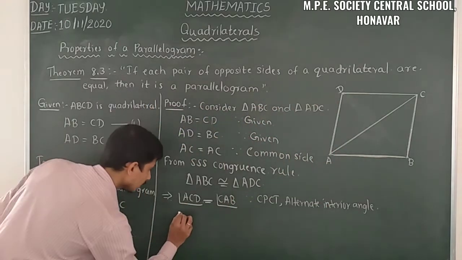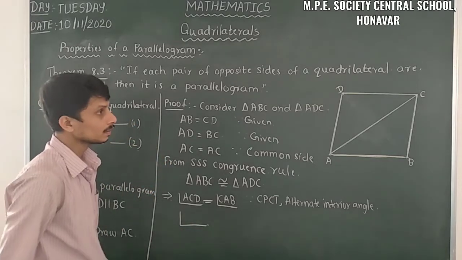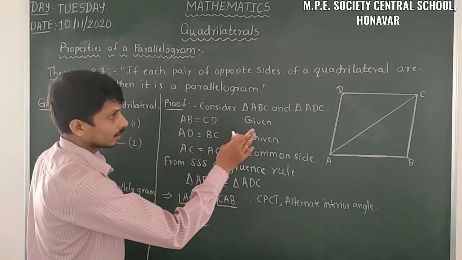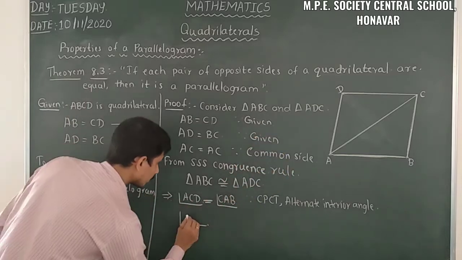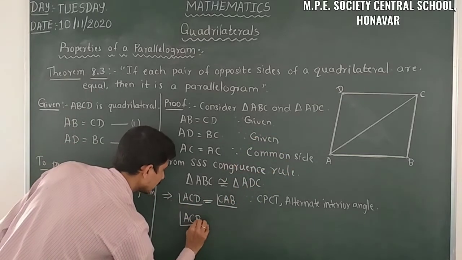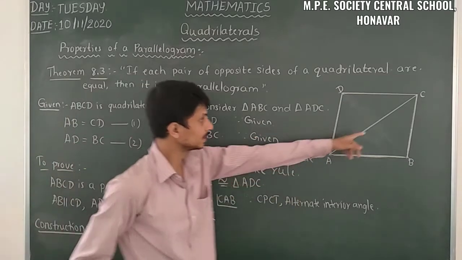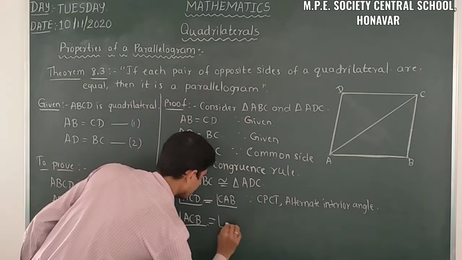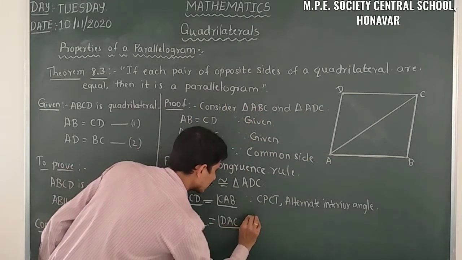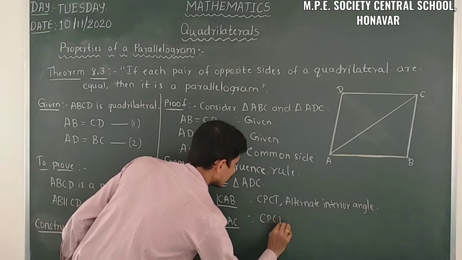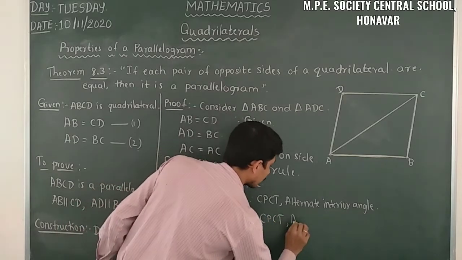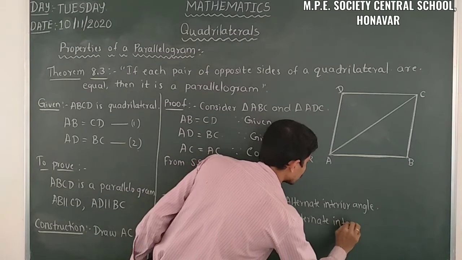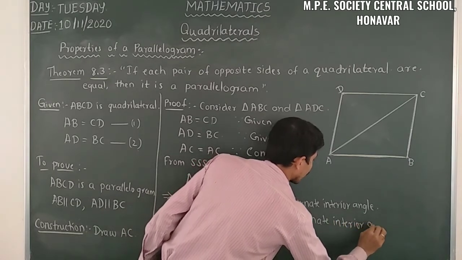That is angle ACB is equal to angle DAC, because it is a CPCT as well as an alternate interior angle.